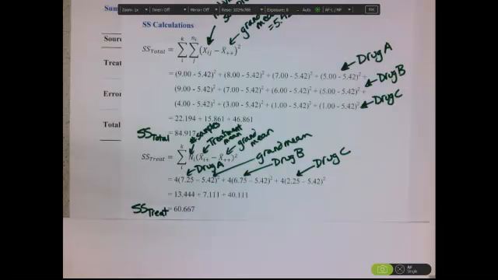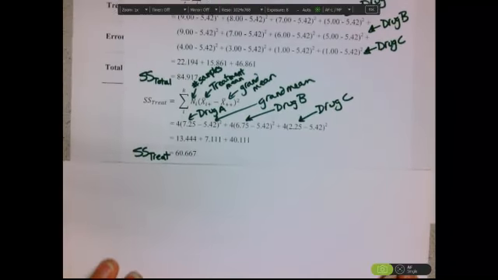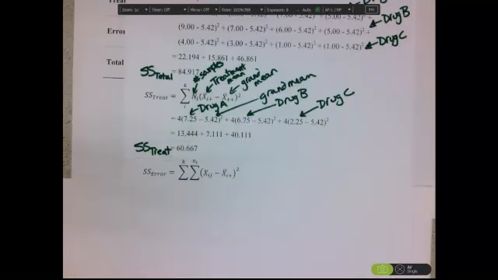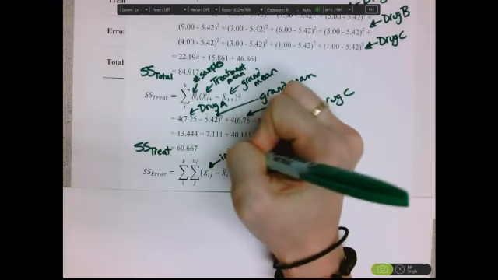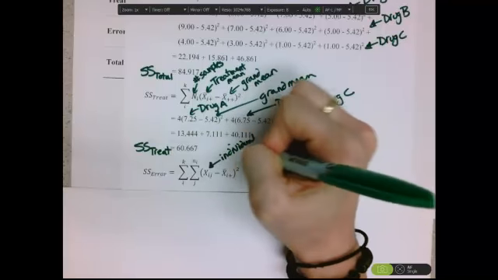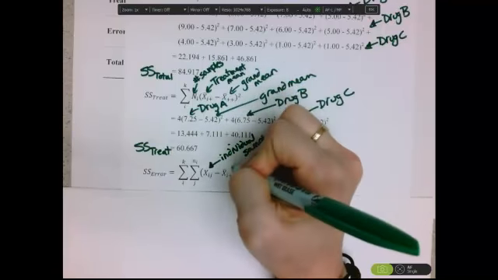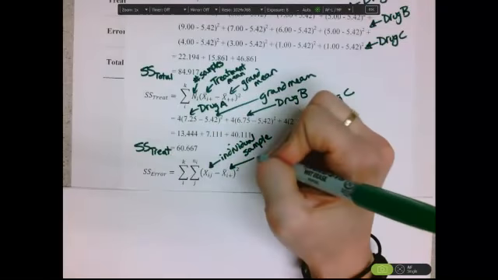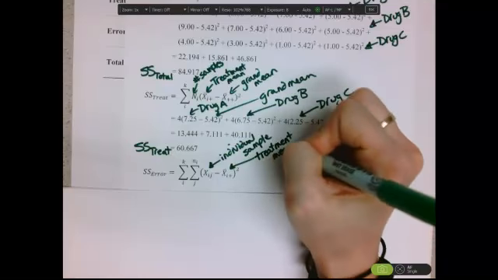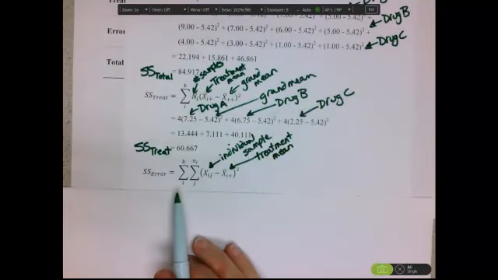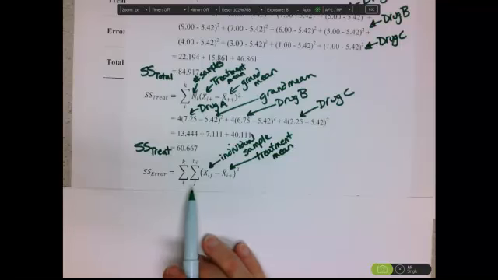So the total sum of squares is partitioned into variation due to the different treatments that are assigned, and then due to error. Error is the last calculation that we have here. Error represents an individual sample and how much that individual sample varies from the treatment mean that the sample belongs to, again summed over all treatments and all individuals.